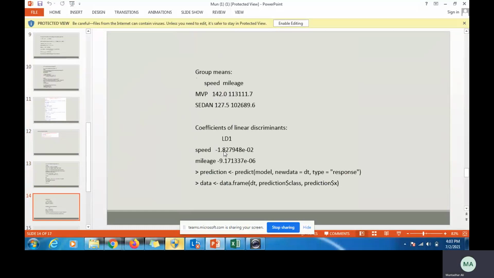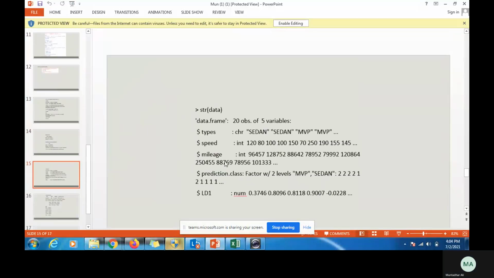The speed is minus 1.827948e-02. Then we see the data. We check the data by using data frame, dt, prediction, class, prediction, $x.